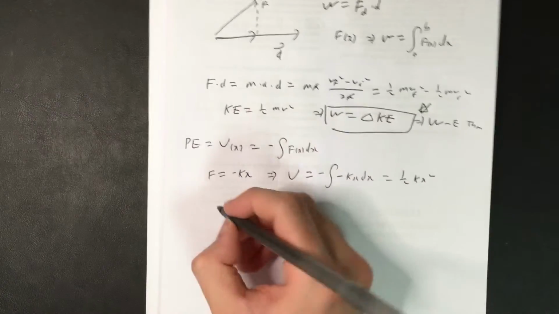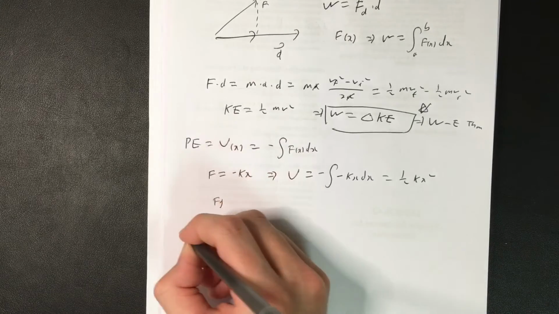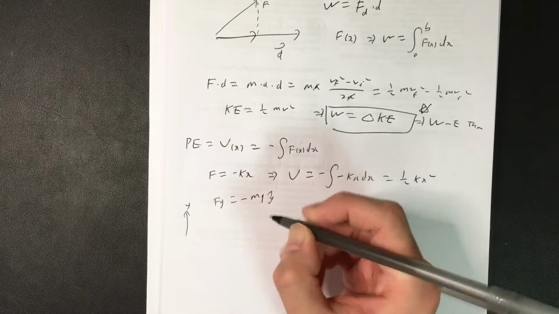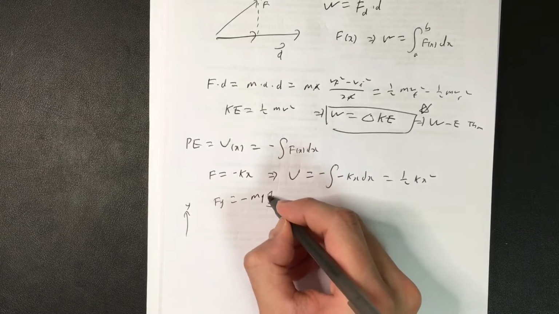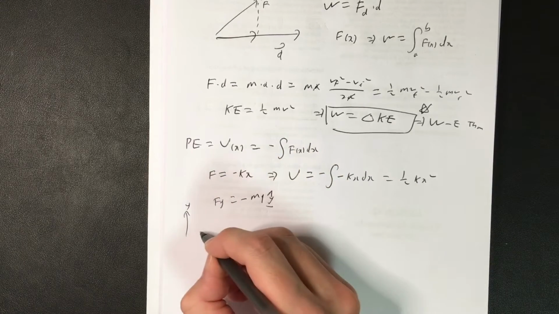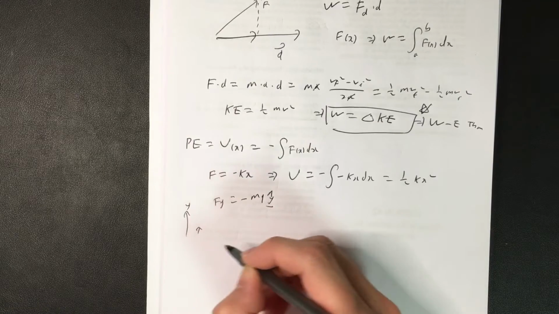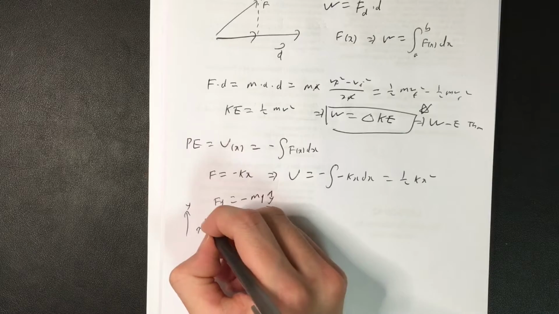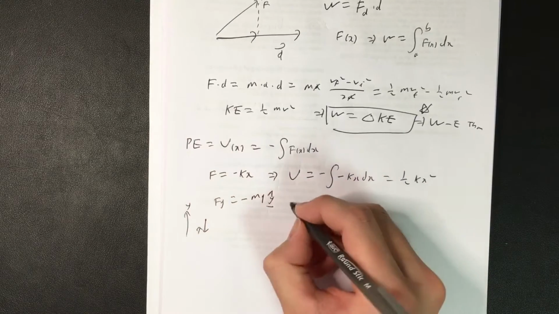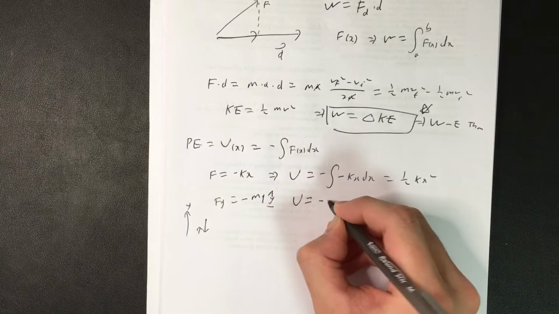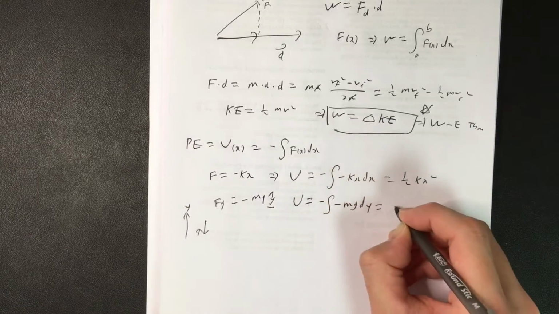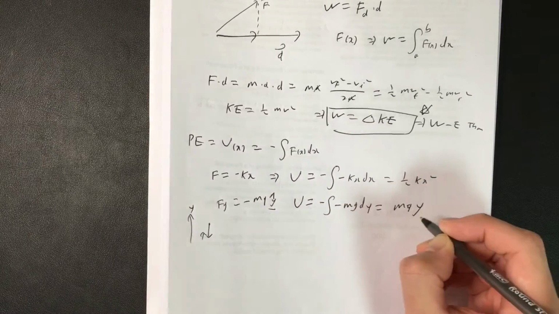Or even simply, the force of gravity, if I call the vertical axis y, equals negative mg y hat. This y hat means a unit vector along the y axis, and it has a negative sign because the force of gravity is pointing downwards. So therefore, the potential energy equals the negative integral of minus mg dy, which equals mgy.